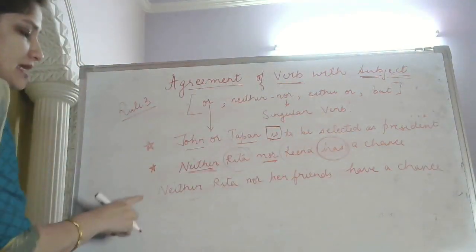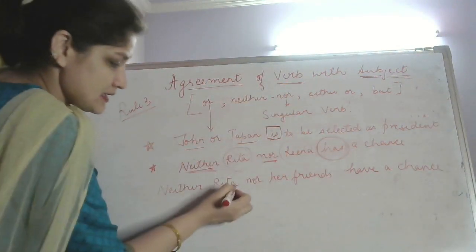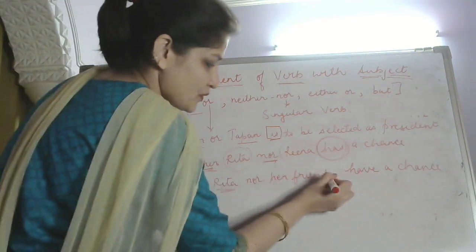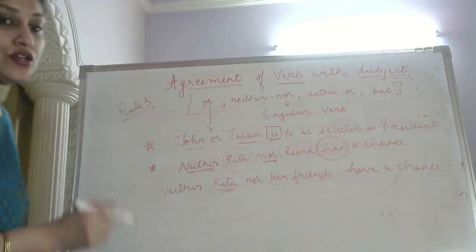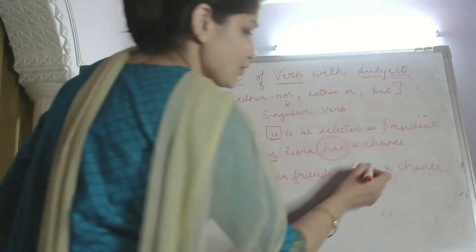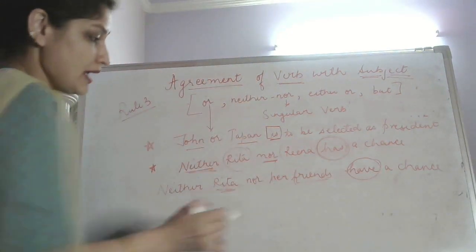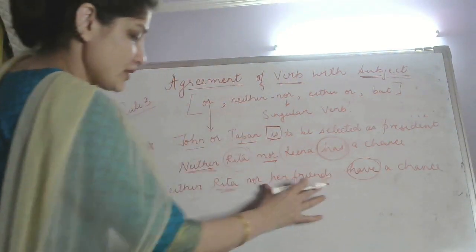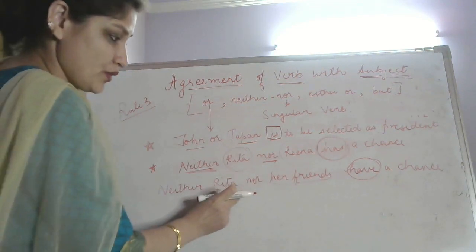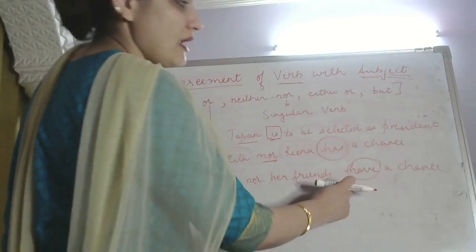The exception to this says that if this is singular and this is plural, you can see the S here, what you have to do is make sure that the verb used is plural, and the plural subject, not Rita, not the singular, the plural should come next to the verb.